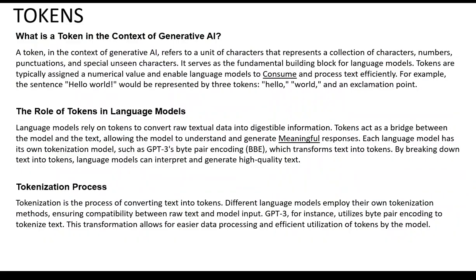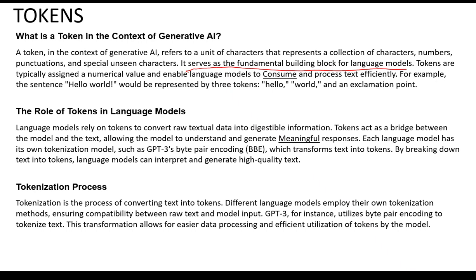So what is a token? A token is a unit of characters that represents a collection of characters, numbers, punctuation, and unseen characters. So it serves as the fundamental building block for language models, because here we are talking about language models and text.